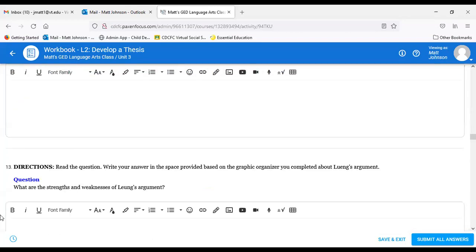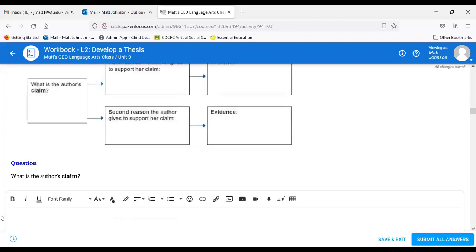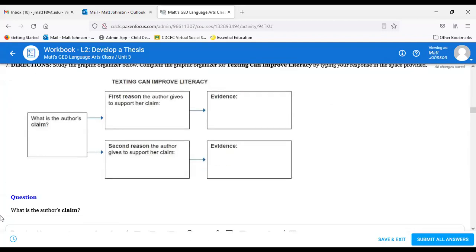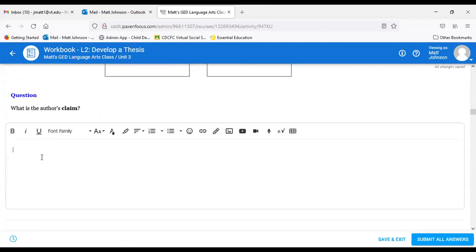So, whoa, we're going way too far now. So number 7. Yeah, that's the claim. Make sure I'm not going too far. Number 7: some studies show texting improves communication skills.